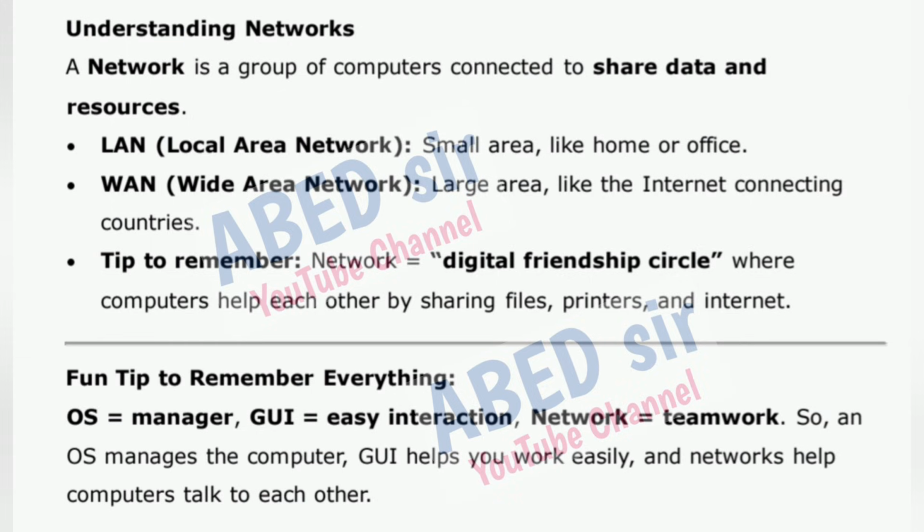Fun tip to remember everything: OS is equal to manager, GUI is equal to easy interaction, network is equal to teamwork. So, an OS manages the computer, GUI helps you work easily, and networks help computers talk to each other.